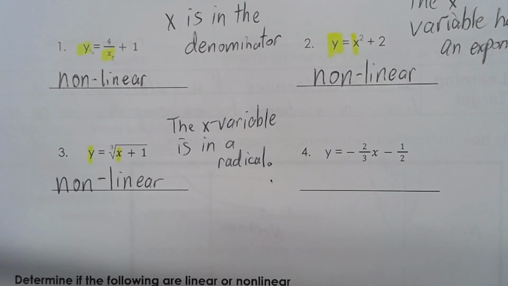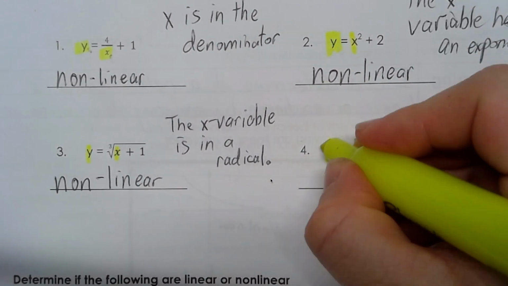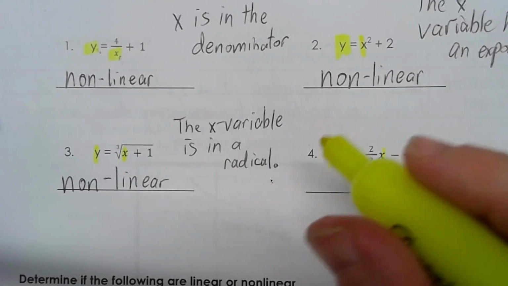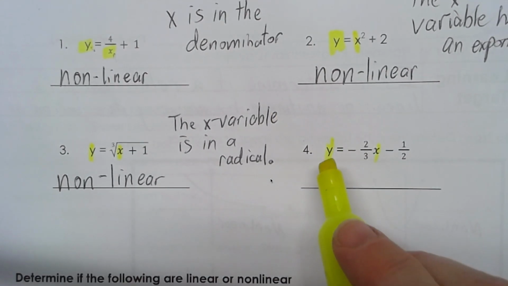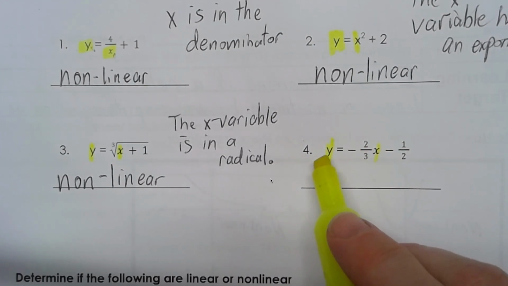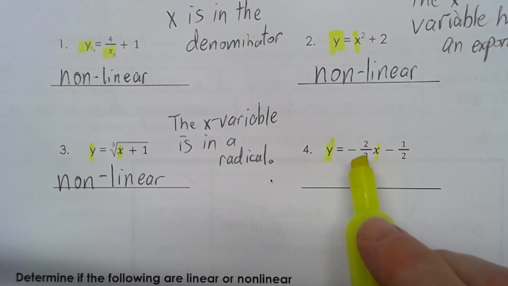So for question number 4, again, we want to look at all the variables in the equation or the expression. And we're asking ourselves those 3 questions. Do any of the variables have an exponent? No, y doesn't, and neither does x. Okay, let's go to question number 2.